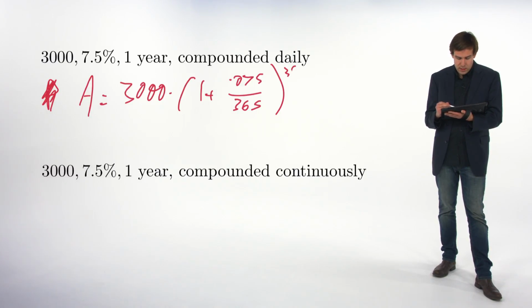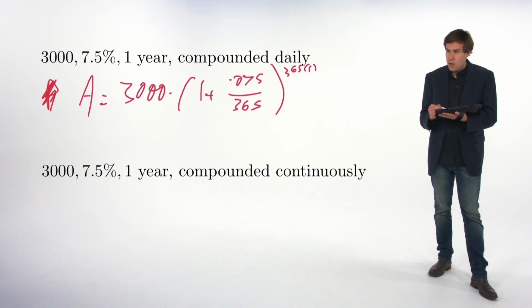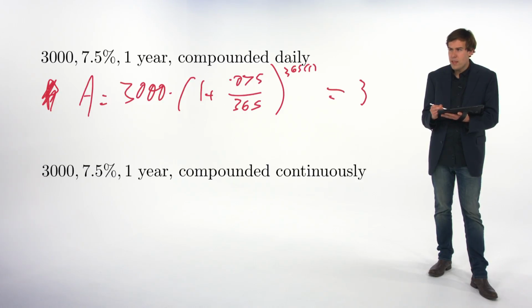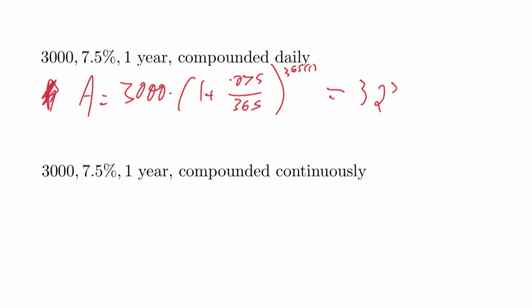Now it's 365 times 1, and this is something like 3,233.63. So I went from compounding once every season, once every 4 months, to compounding daily. And how much benefit did I get? $2. Not very much on a $3,000 principal. So this indicates that maybe there's not such a great gain from compounding at very rapid rates.